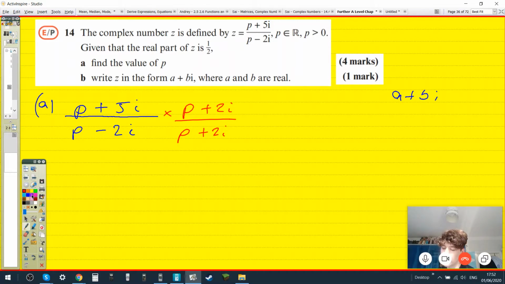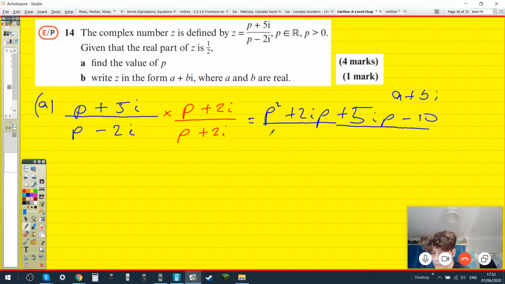So then that gives us p squared plus 2ip plus 5ip minus 10 on top.